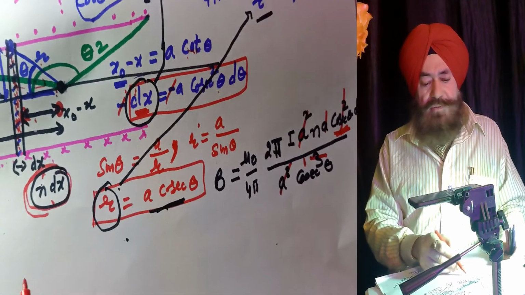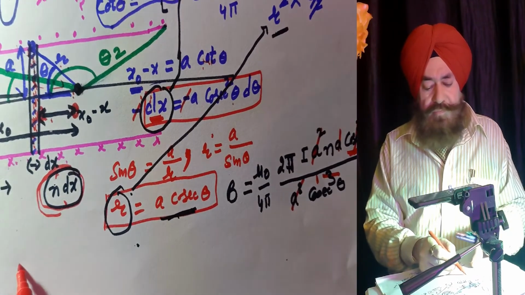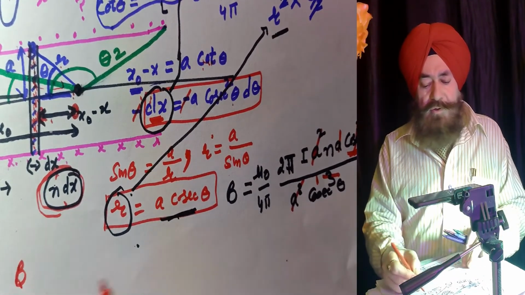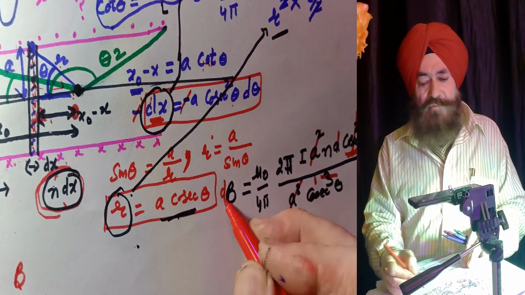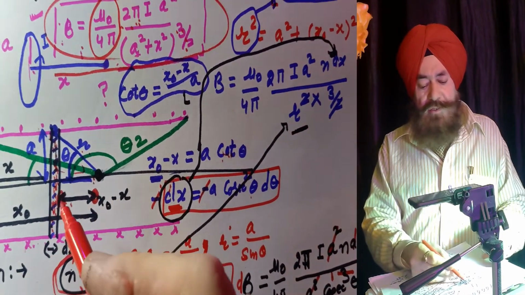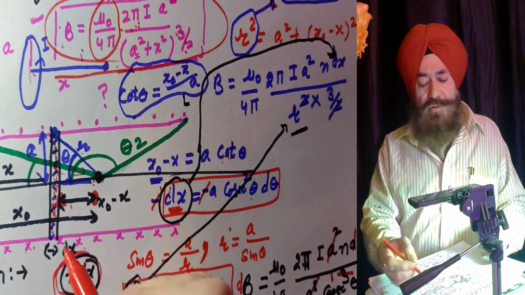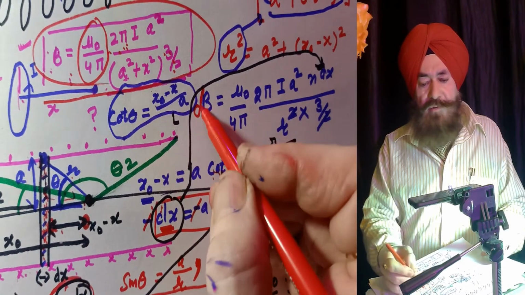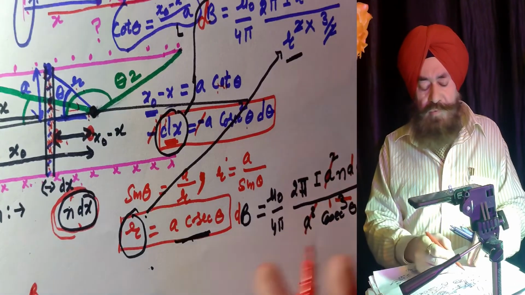Now this B becomes, or not B, small magnetic field. Why small? Because I consider a small portion of the solenoid. This is small magnetic field dB.